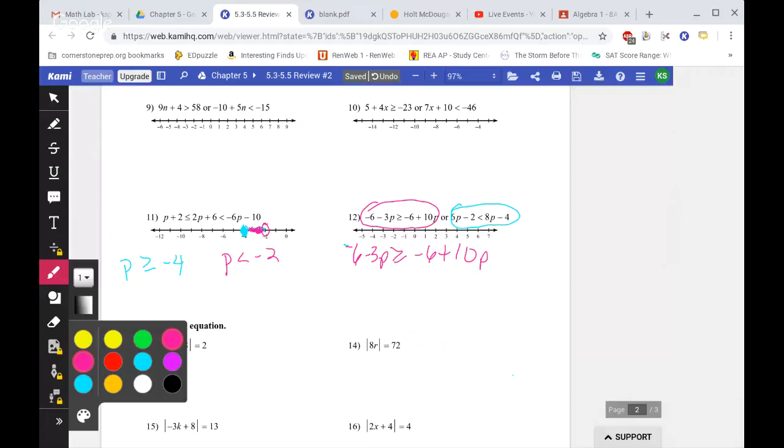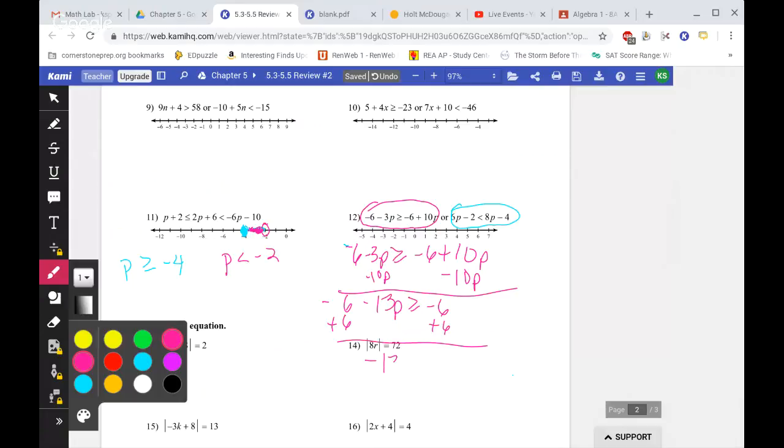All right, so I want my p to be on the left-hand side. My variable sounds better. Negative 6 minus 13p is greater than or equal to negative 6. And so I'm going to add 6 to both sides.